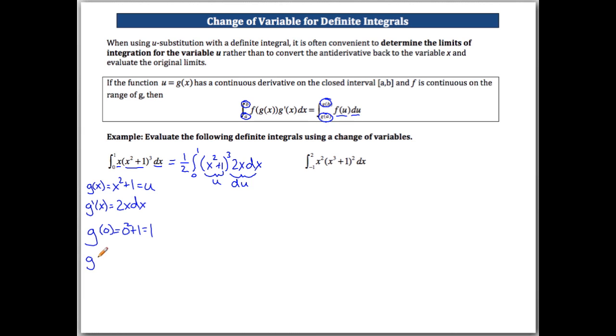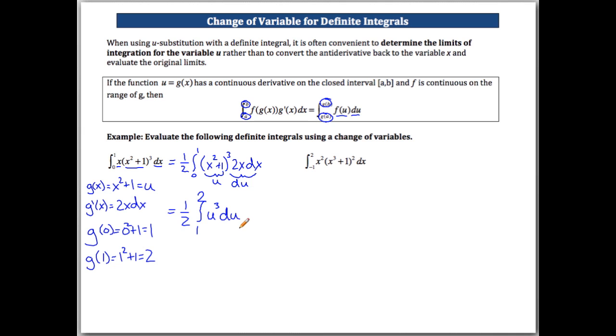And then we're also going to find g of 1, so g at the upper limit, and that's going to be 1 squared plus 1, which equals 2. So I'm going to rewrite this using u substitution and change of variables. So we have 1/2. Here's the change of variable. So we're going to go from 1 to 2 of u cubed du.